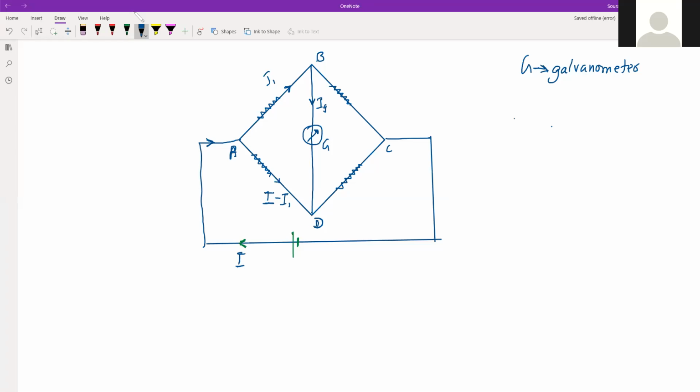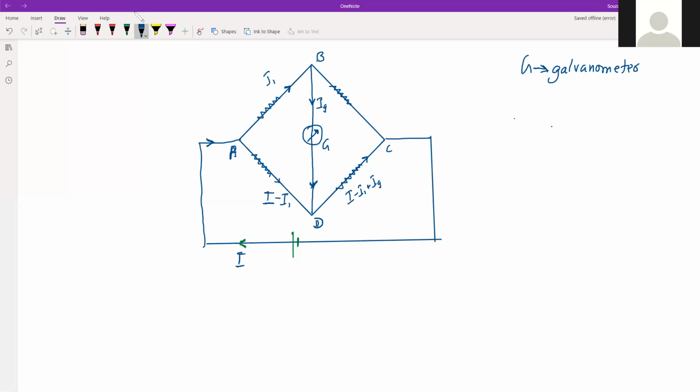So now suppose the IG comes here. What will happen here? There will be I minus I1 and IG, so they will be added: I minus I1 plus IG. These two currents, the current from BD and the current from AD, will get added and that will come into DC.